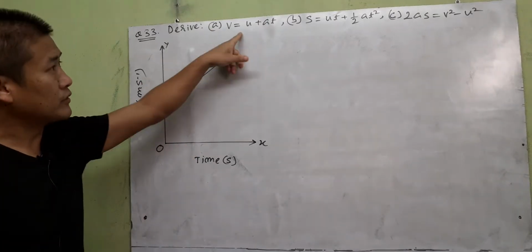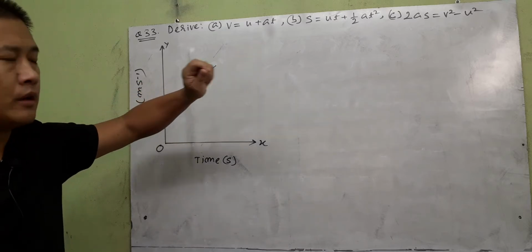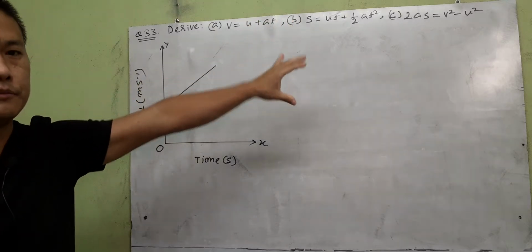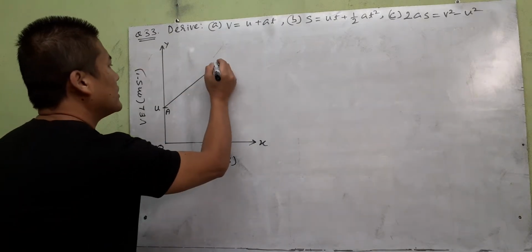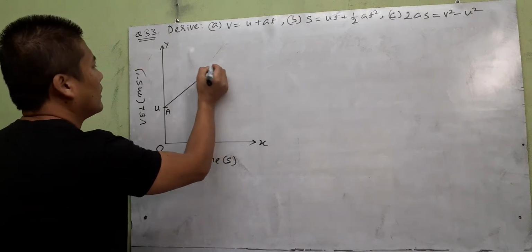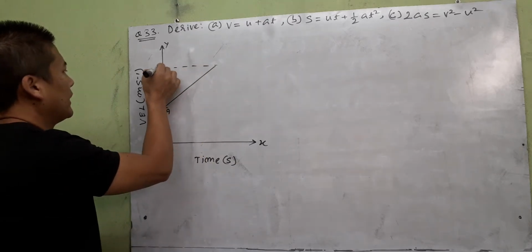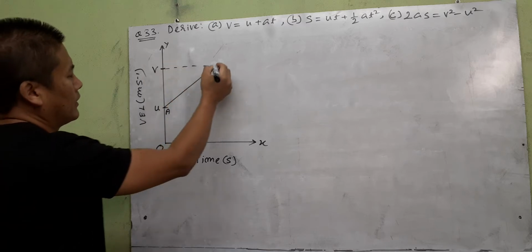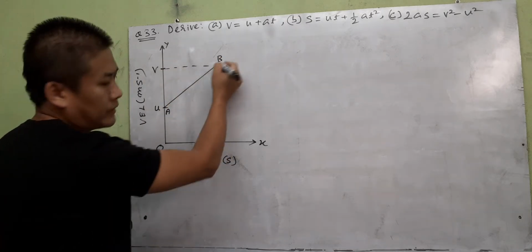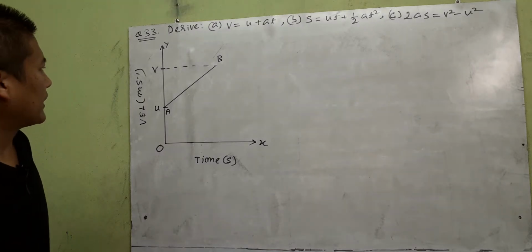These equations will be true only when the object is moving with uniform acceleration, not for non-uniform acceleration. Therefore it has to be a straight line, and it reached this point, the final velocity v, and this is point B.